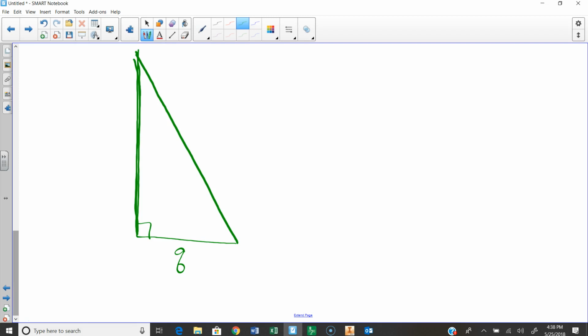So what do I know about the smallest side and the hypotenuse? This is the easy one. All I got to do is double it. So the hypotenuse would be 2 times Q. What do I know about the small leg and the larger leg?